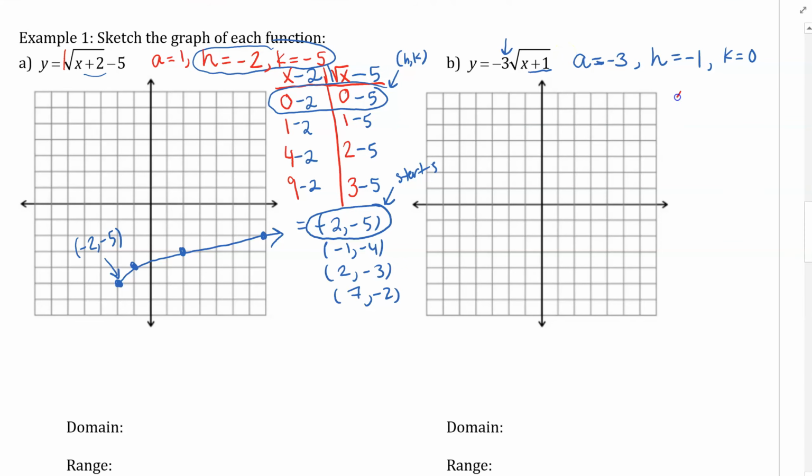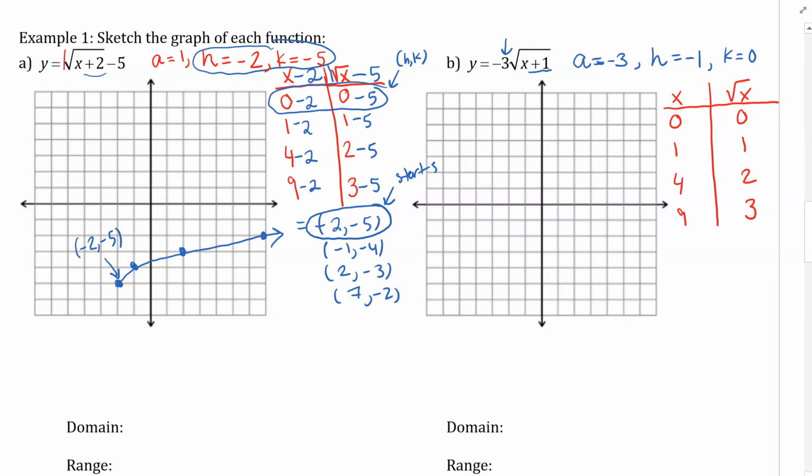So I begin, of course, with my parent function where I was just doing a plain square root of x. And then I remember what those are. So it was 0, 1, 4, and 9. Positive perfect squares. And then their square roots, 0, 1, 2, and 3.